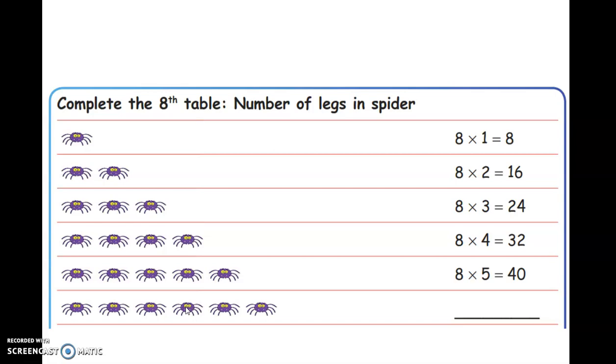Next picture. 2 spiders are there. Then we multiply 8 legs into 2 spiders is equal to 16 legs. In the last one you can see 6 spiders. Then what do we write? 8 into 6 is what? Yes, correct. It is 48 legs.